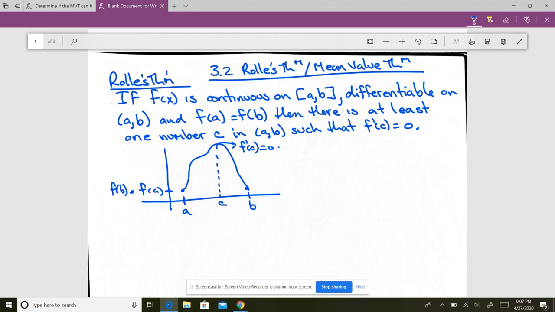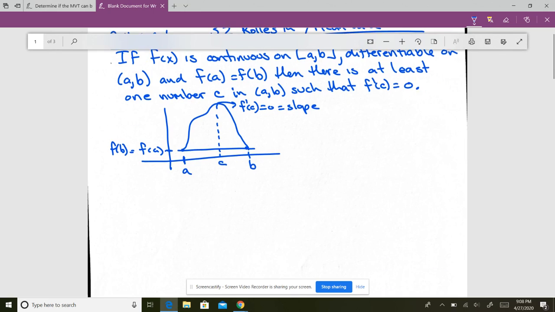In other words, the slope will be 0 at that point, as long as these are the same, because the slope between these two points is 0. If you come back to the same level, there will be some peak where the slope equals 0, which makes perfect sense. All right, that's Rolle's theorem.